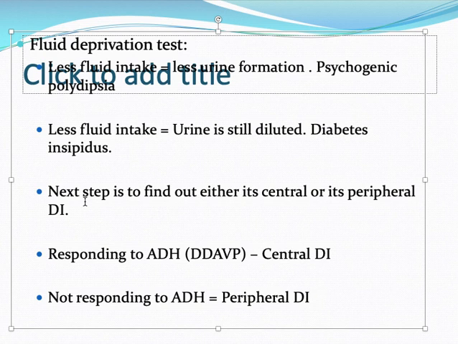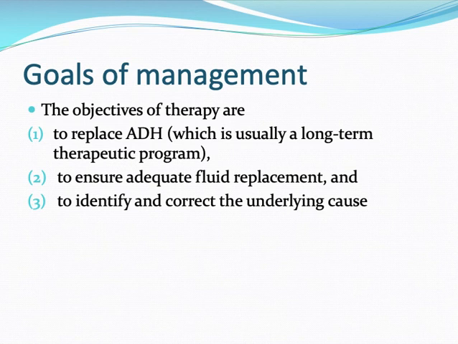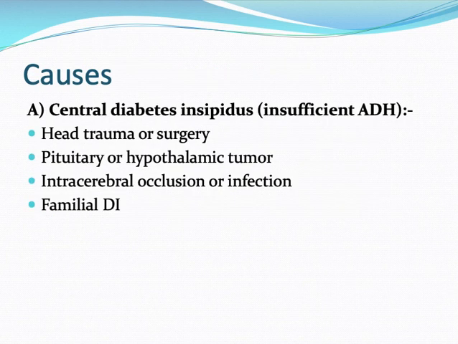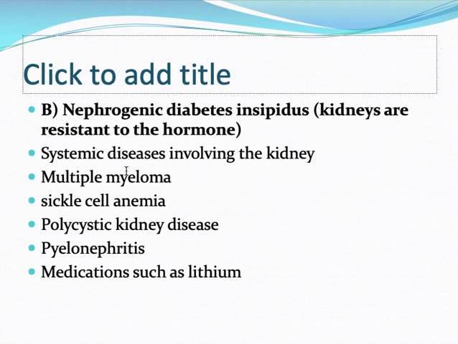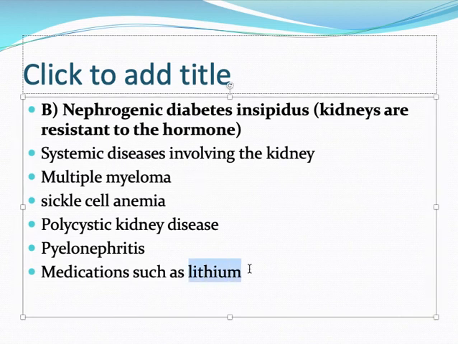Then there is management. Management is so simple, guys. The objective is to replace ADH, to ensure adequate fluid replacement, and to identify and correct the underlying cause. What it means is all the causes which we went through. If you find some cause, like someone is taking drugs like lithium, stop that.